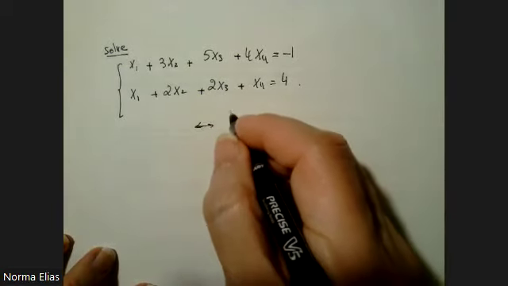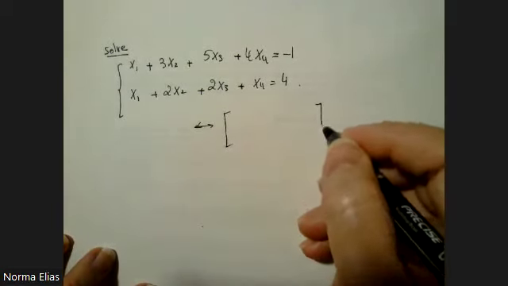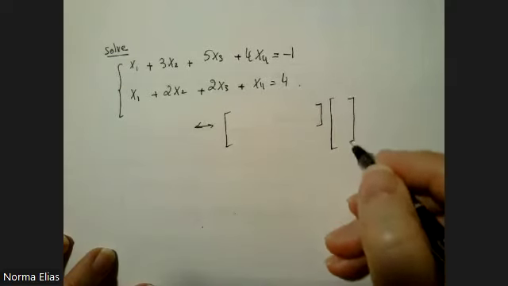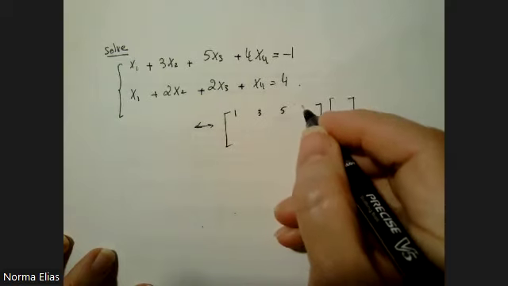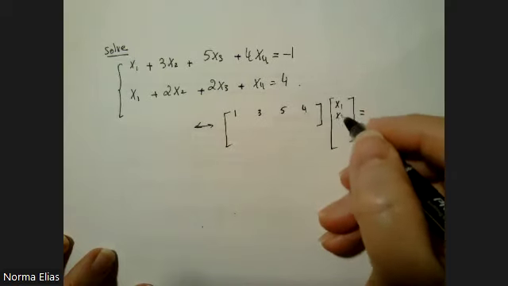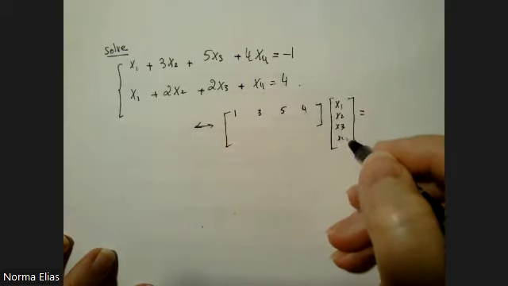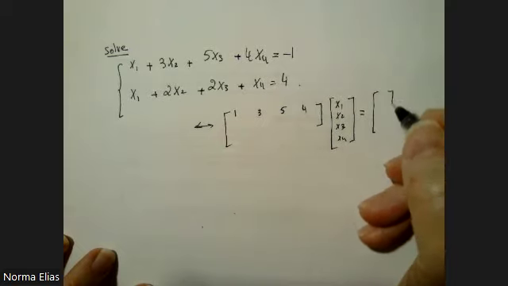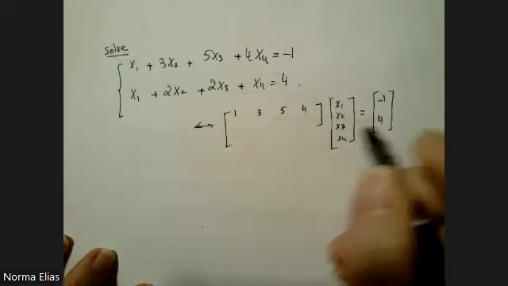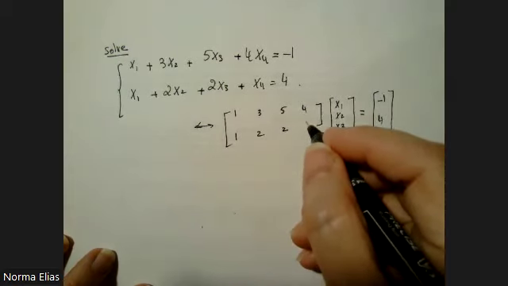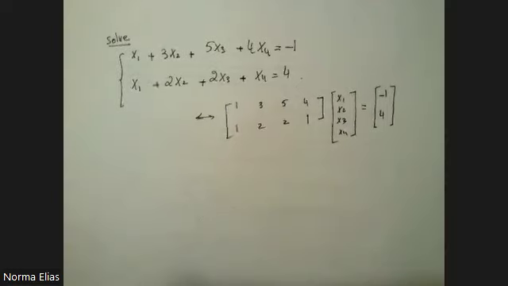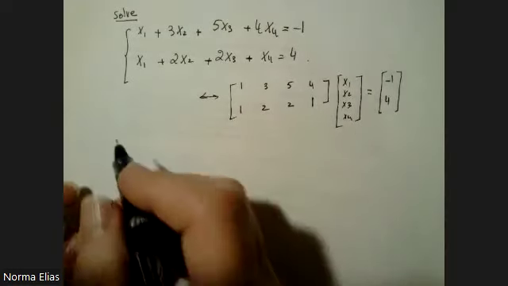So first, I would like always to remind you how to write it as a matrix equation. That's the matrix with rows 1, 3, 5, 4 and 1, 2, 2, 1, times x1, x2, x3, x4, and this is b, which is -1, 4. Okay, that's a matrix form. All right, so let us solve it.